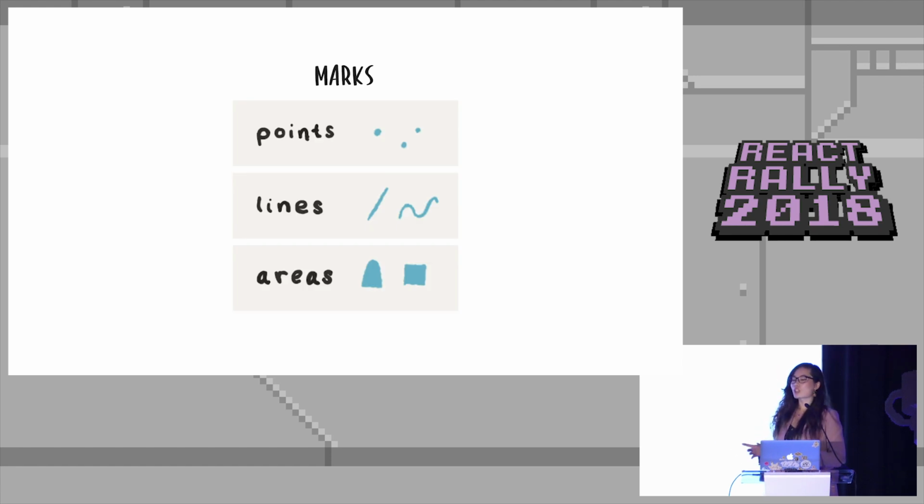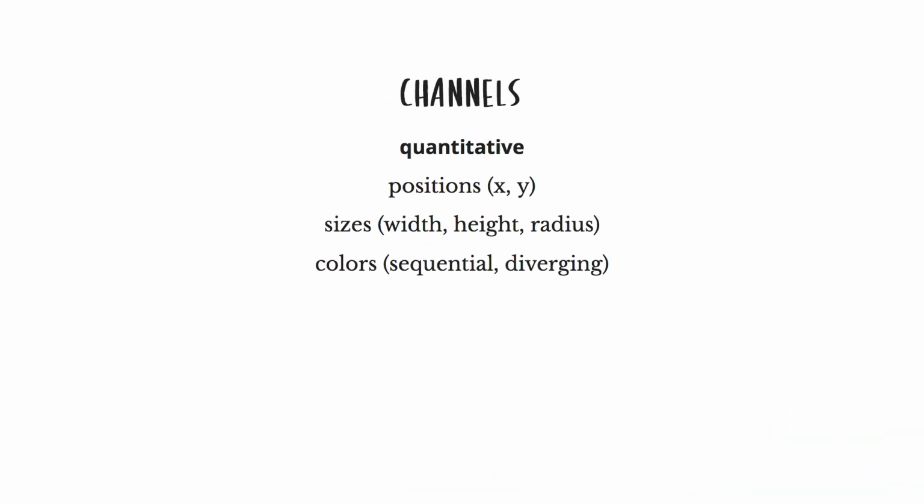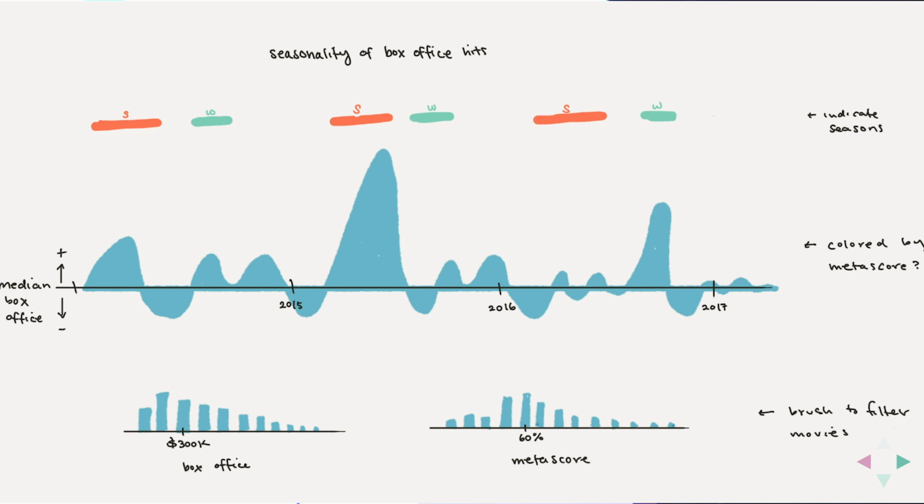Marks are these geometric shapes like points, lines, areas that I can map my elements to. And for channels, for quantitative attributes, I like to use the channels of XY positions, height, radius, sequential and diverging color schemes. And for categorical attributes, I like to use shapes and discrete colors. So this is my chicken scratch design for our movies data set.